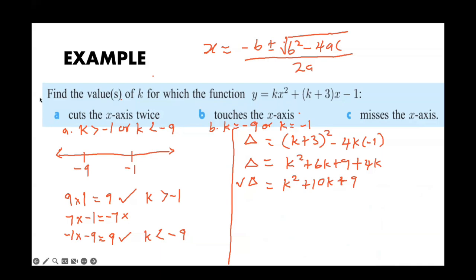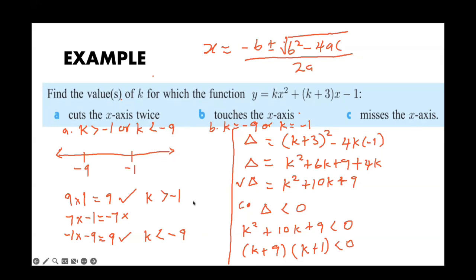Lastly, if it misses the x-axis, then it means that the discriminant is less than 0. So we have the quadratic inequality k squared plus 10k plus 9 less than 0. So we'll use the sign diagram to investigate for the sets of values of k that will make this true.